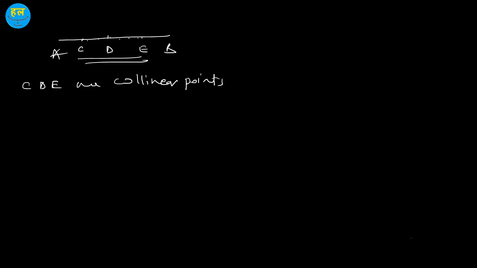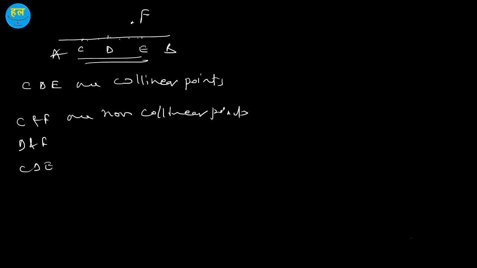All the points which lie on the same line are called collinear points. When there is a point which does not lie on the same line, then C and F are non-collinear points, or D and F. So C, D, E are collinear, and C, D, F are non-collinear points.